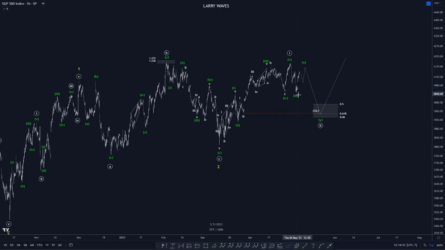So to me, it looks like we're either going to do a potential WXY, or we could pop up to the 0.9 or to the 1.26 for a flat pattern, and then impulse down for an expanded flat. It just depends if we take this high and how deep of a retracement we come. And also if we either come down like this for WXY, or if we come down impulsing for an ABC expanded flat.